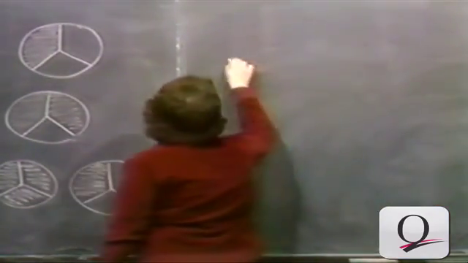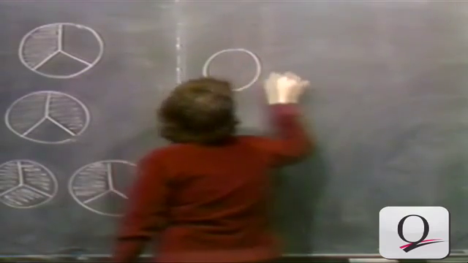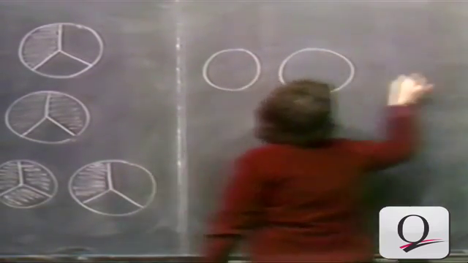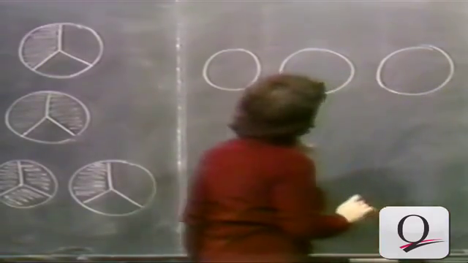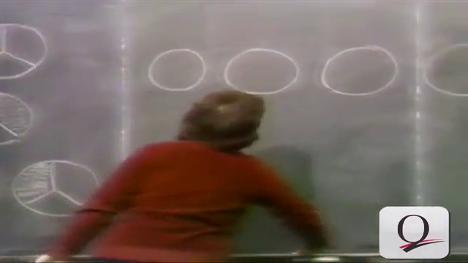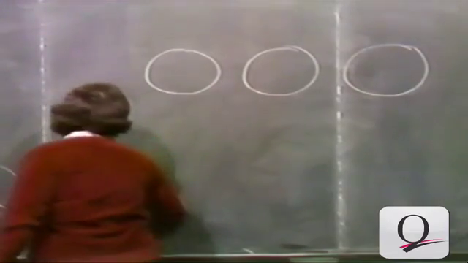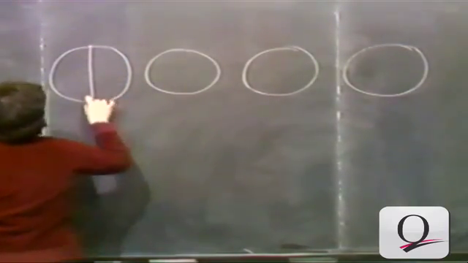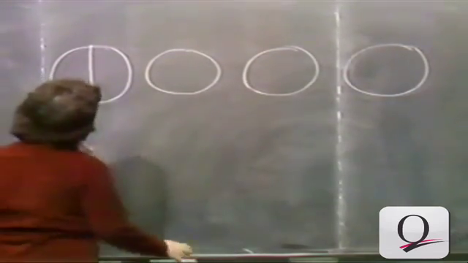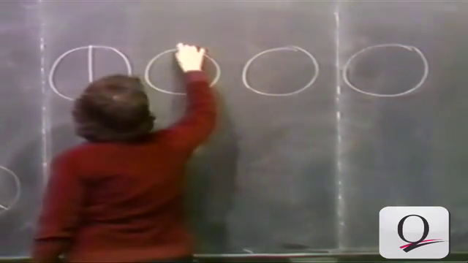Now, I would like you to look at the following 4 pies. The first one I'm going to divide up into halves, 2 equal portions. The second I'm going to divide into quarters.